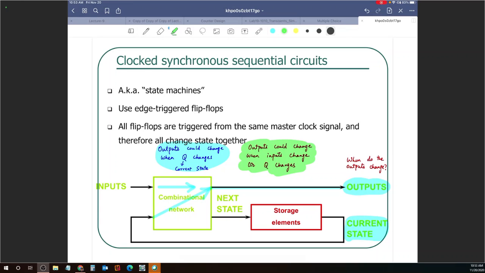Outputs of your finite state machine could change when the current state changes. And Preston, you're absolutely right, the current state changes with respect to the clock. Let me also draw that.